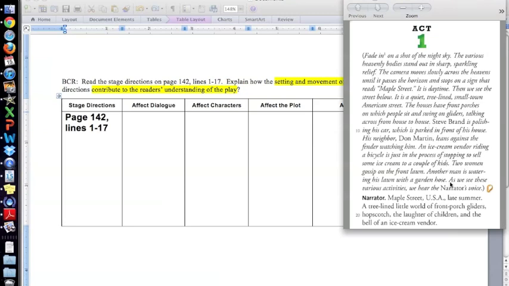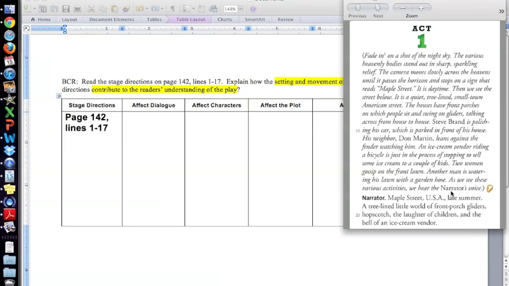Steve Brand is polishing his car, which is parked in front of his house. His neighbor Don Martin leans against the fender watching him. An ice cream vendor riding a bicycle is just in the process of stopping to sell some ice cream to a couple of kids. Two women gossip on the front lawn. Another man is watering his lawn with a garden hose. As we see these various activities, we hear the narrator's voice.